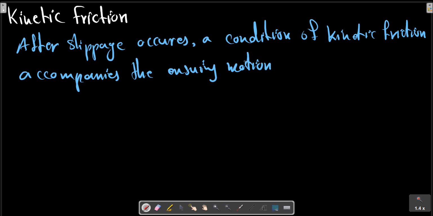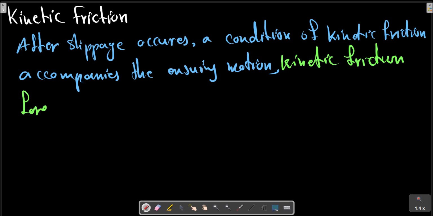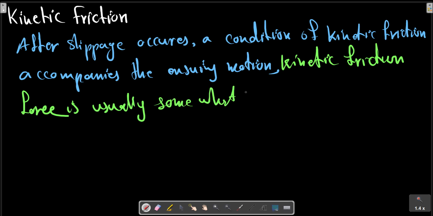Kinetic friction force is usually somewhat less than the maximum static friction force.